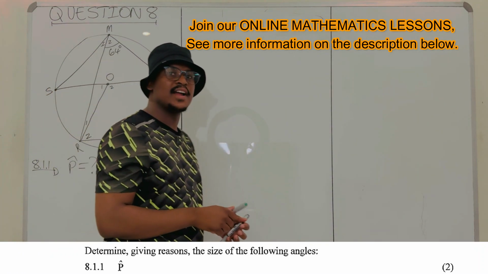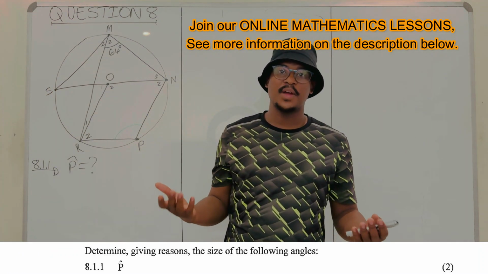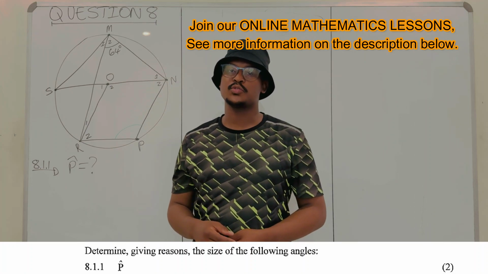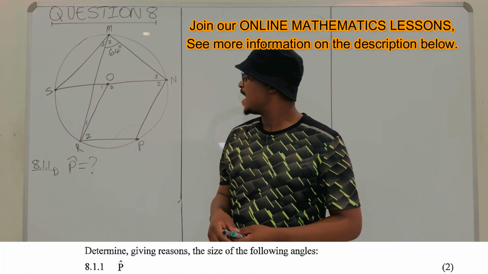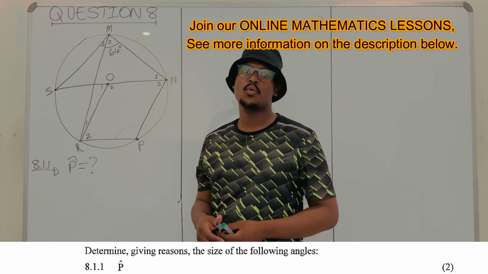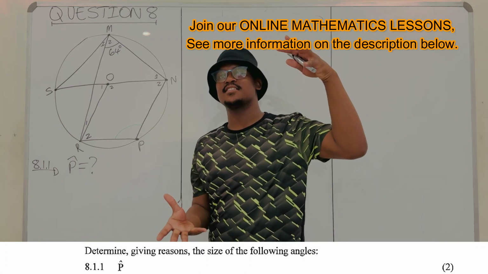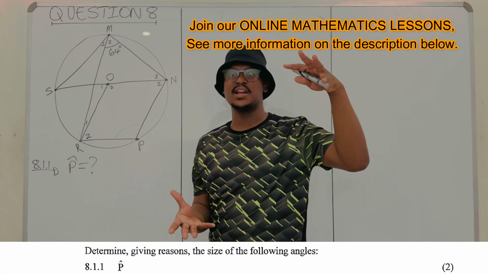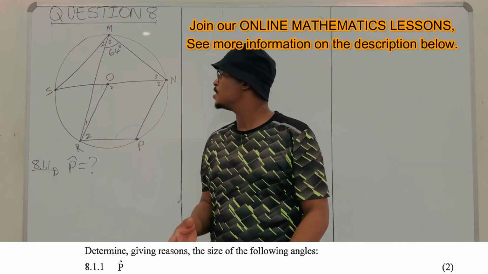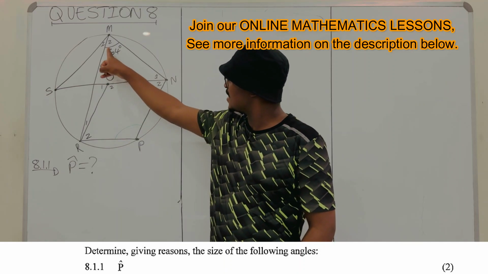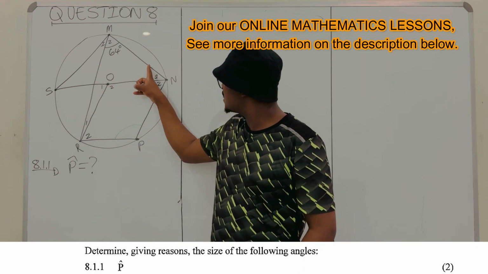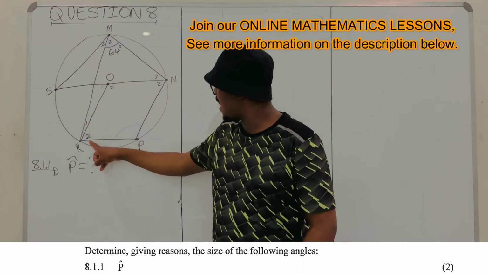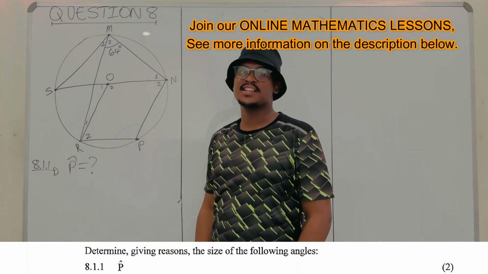So how do we find that? If you watched my lessons when I was doing geometry, I explained that the opposite angles of a cyclic quadrilateral are supplementary, which means they add up to 180 degrees. If you add this entire angle and that entire angle over there, that should give you 180 degrees.